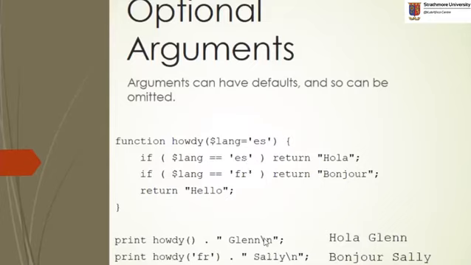Then Glenn is going to give out hola Glenn, because the default value for the language is set to English, and that's what is returning the hola. But whenever you set it with French, then it's going to give out bonjour Sally.